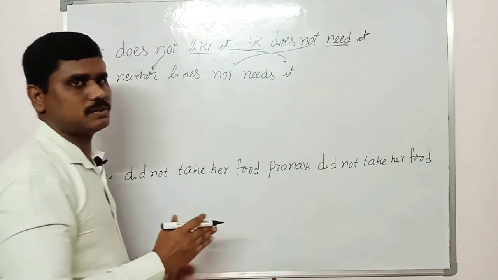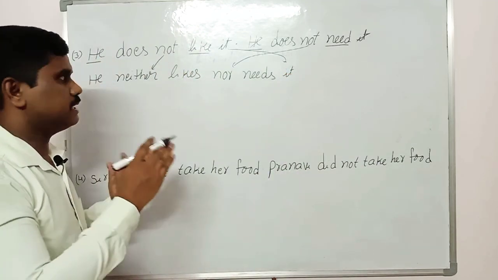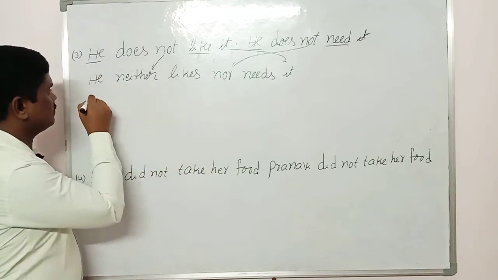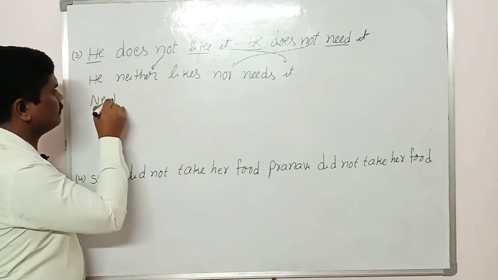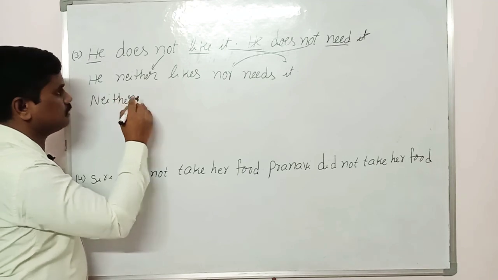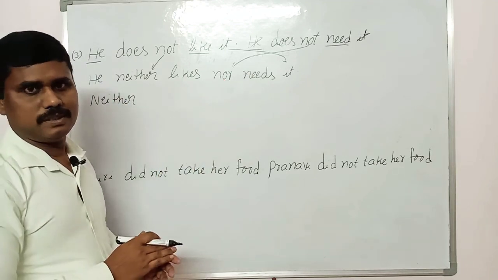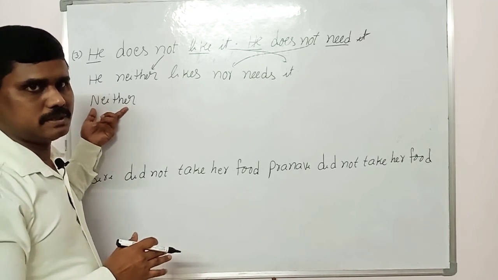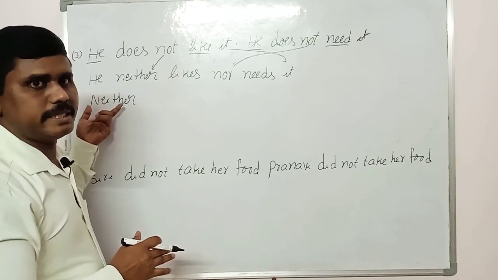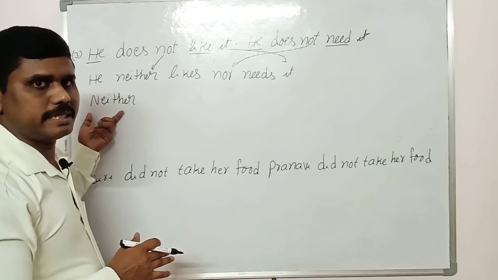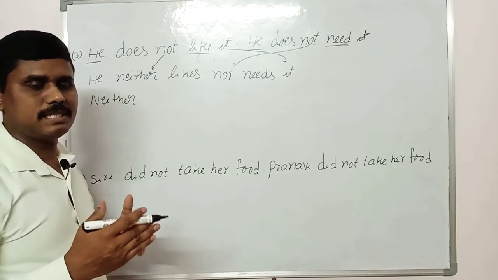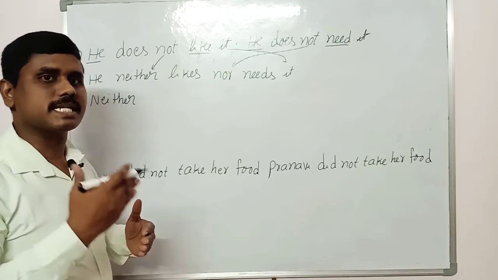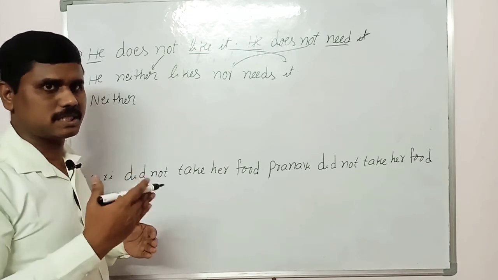This is the way to change the sentence using neither nor. Sometimes, let us see, they will give it like this, neither dash. So neither is a negative adverb. Whenever a negative word is given and you are asked to write the sentence, we have to use inversion. That means a question structure. This is called inversion.